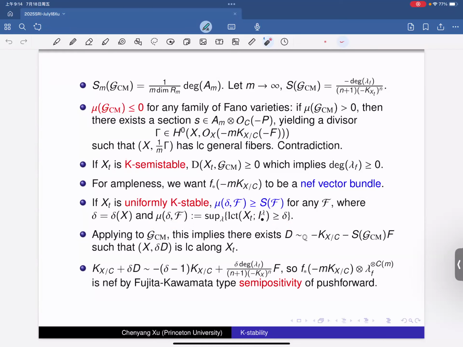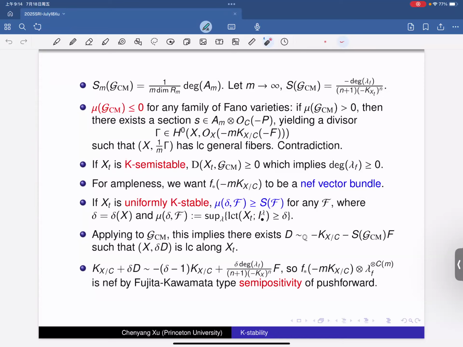So then I just apply the same idea again. I can find a divisor D, which is like 1 over m gamma in my previous argument, linearly equivalent to minus K minus s f, such that the pair X, delta D is LC. Again, this LC condition comes from the definition of mu.